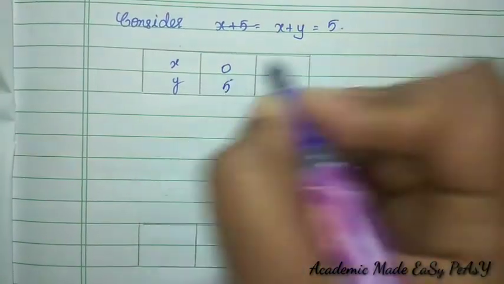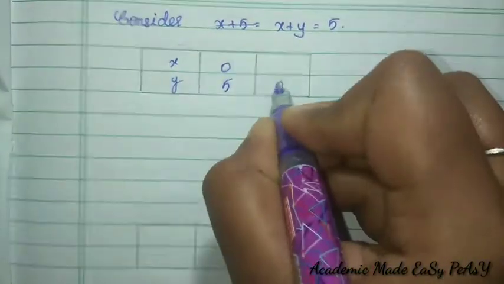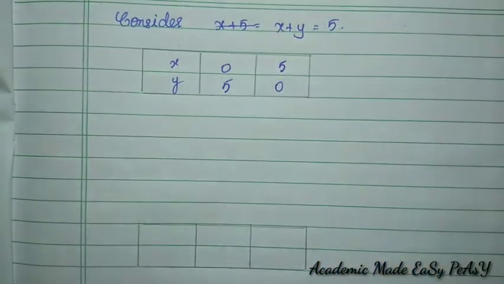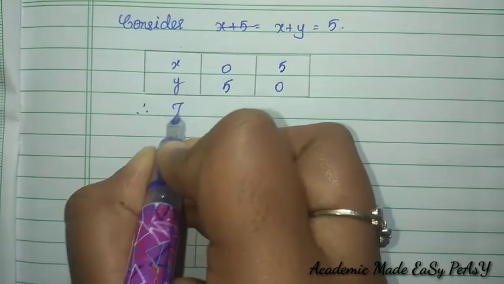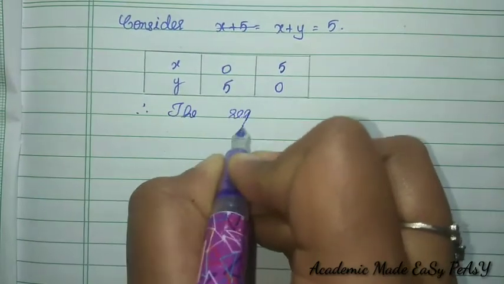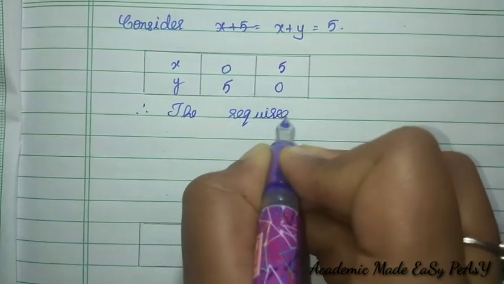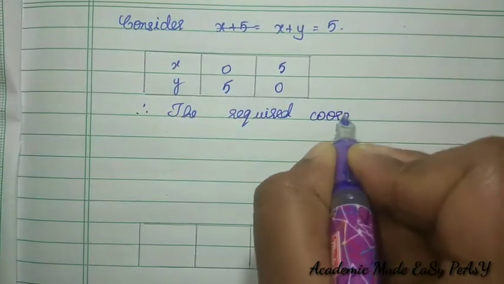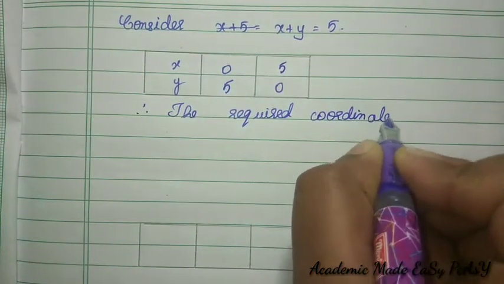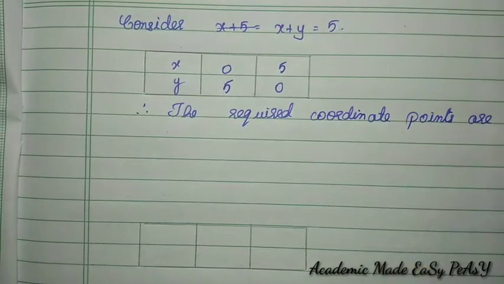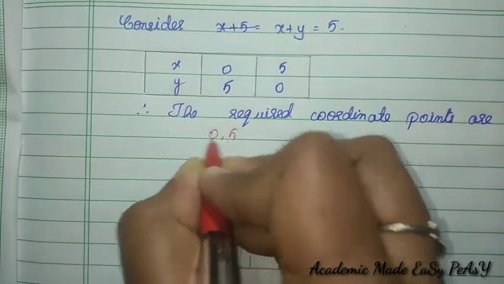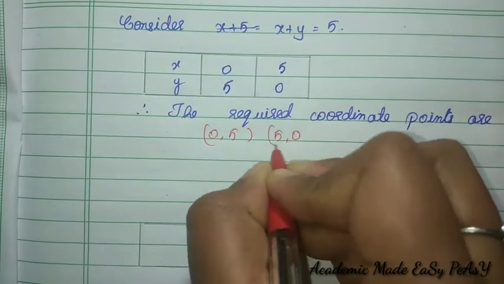When y is 0, x will be 5. So the required coordinate points are 0, 5 and 5, 0.